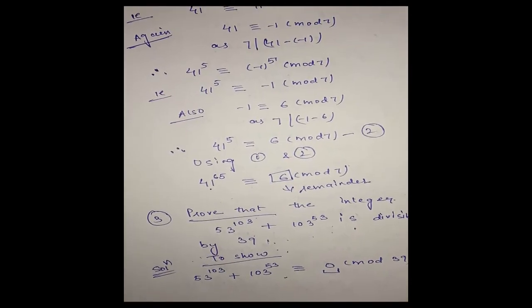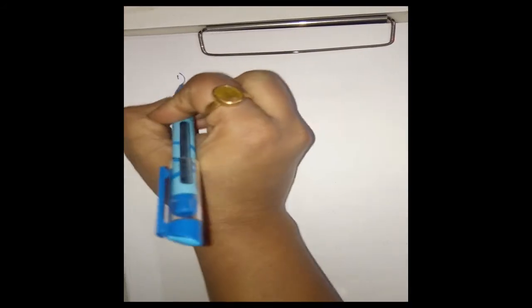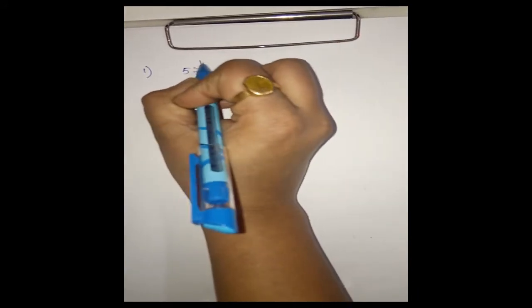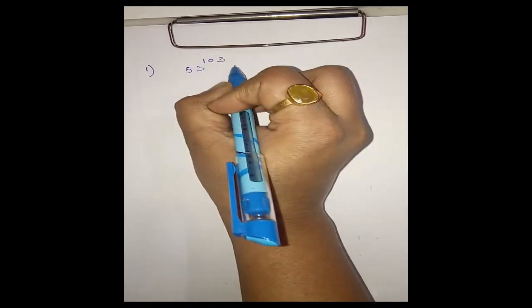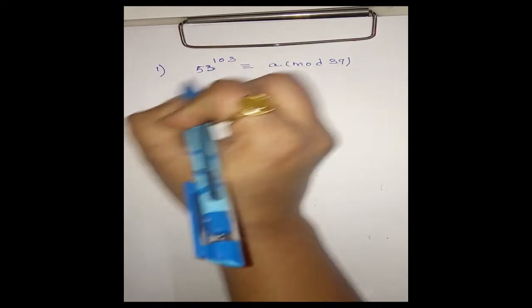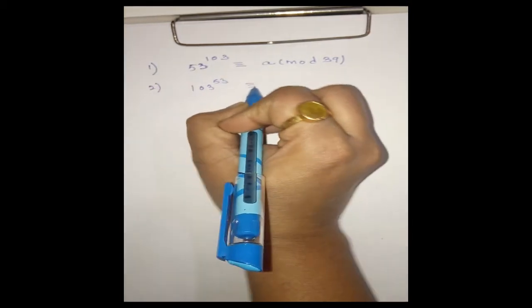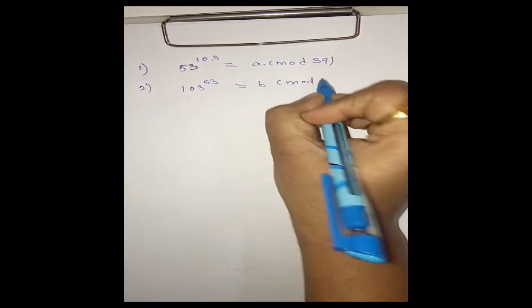Okay, now we will follow these 3 steps in order to prove this question. The steps to be followed here are: first step, we will set a congruence relation 53 power 103 congruent to a modulo 39. In the first step, we will find this a. In my second step, I am going to find b, where b is given by this congruence relation.